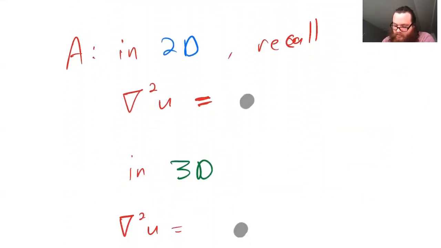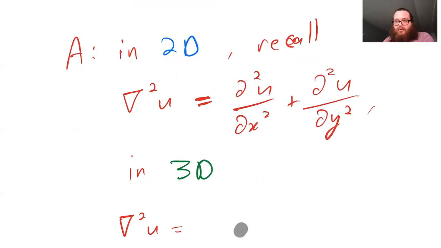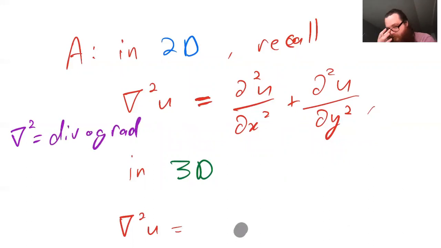So in 2D, this operator nabla squared u, nabla squared was the divergence of the gradient.